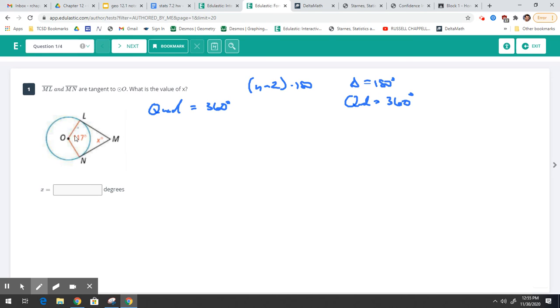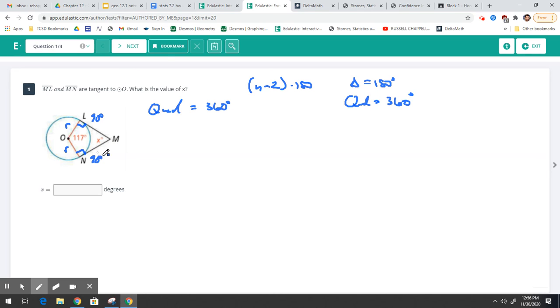The four angles here are O, N, M, and L. In this picture, OL and ON are radii. We have a theorem that says if you have a line or segment tangent to a radius, then they are perpendicular. Angle L will be a right angle, and angle N will be a right angle. Now we know that this angle is 90 and this angle is 90. We have three of the four angles, so I think we can find the fourth angle.